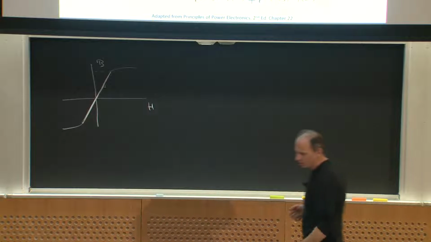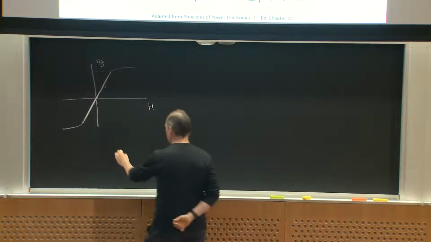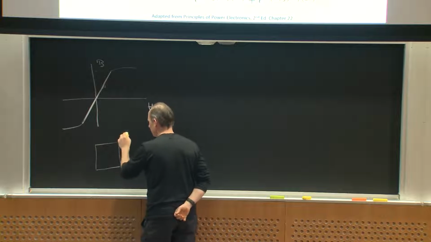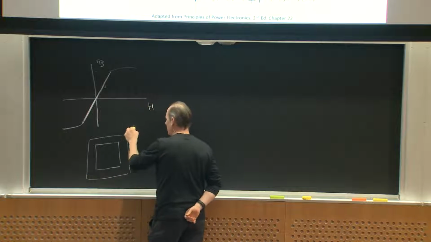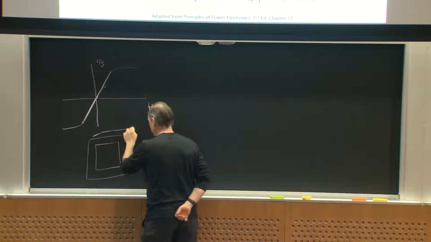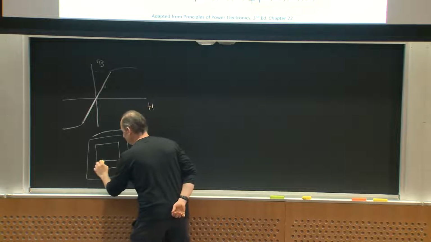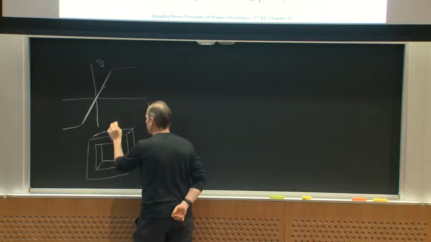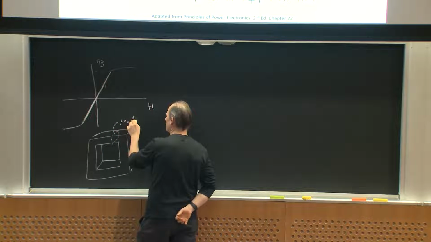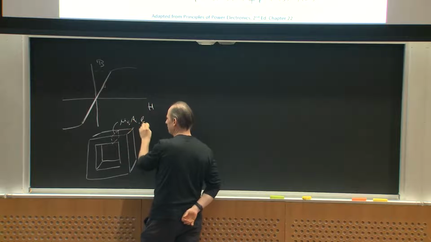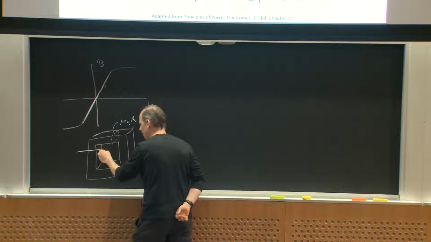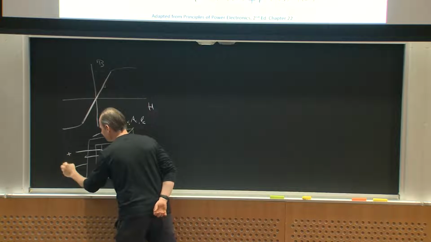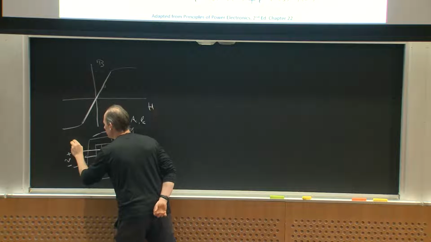So suppose I built a core, okay, and it had some mu of the core, area of the core, length of the core, right? And I put a winding on it. And let me imagine that my winding has no resistance, right?